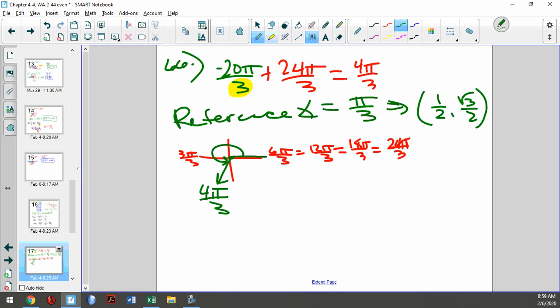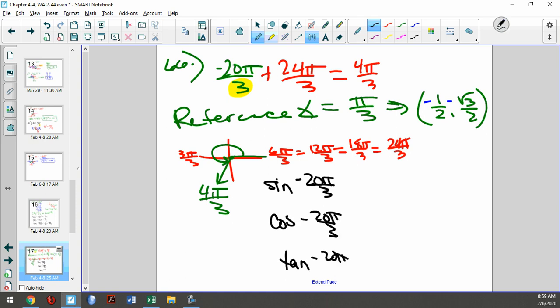So what quadrant am I in? 3. I'm in quadrant 3, which means this ordered pair has to have a negative here and a negative there. Do we see that? Which means I need to find the sine of negative 20 pi over 3, the cosine of negative 20 pi over 3, and the tangent of negative 20 pi over 3.